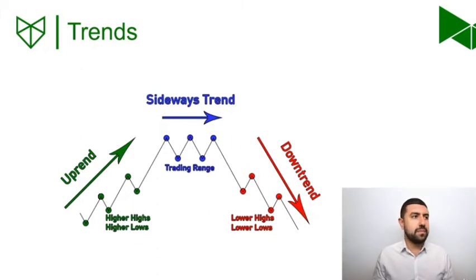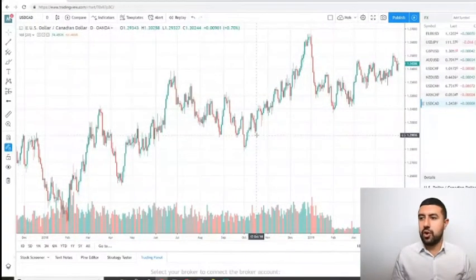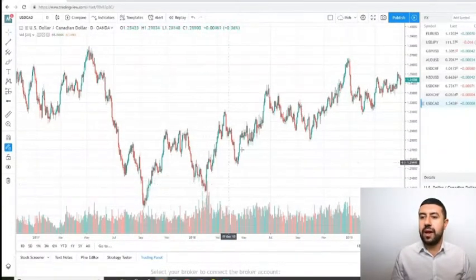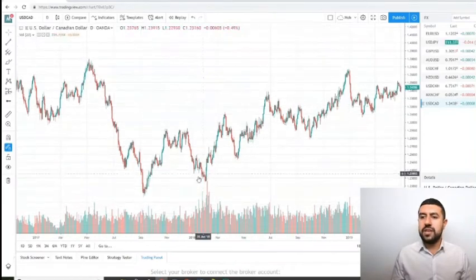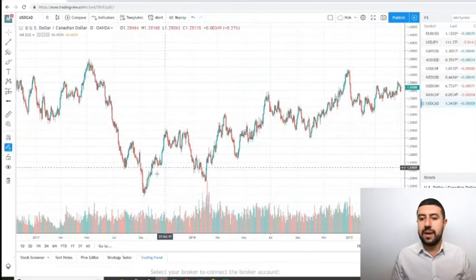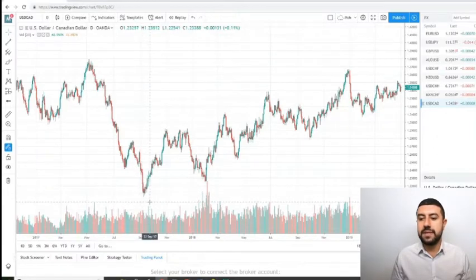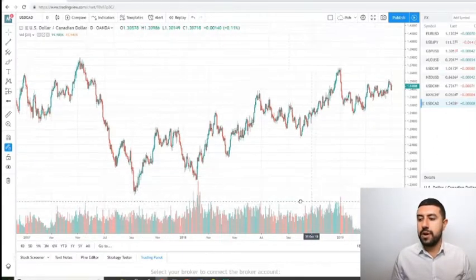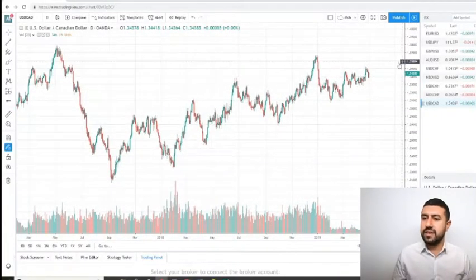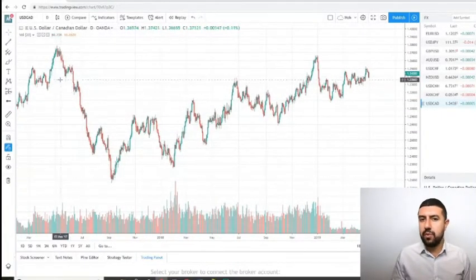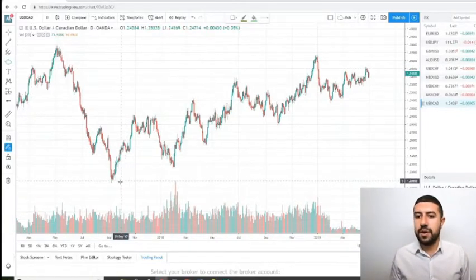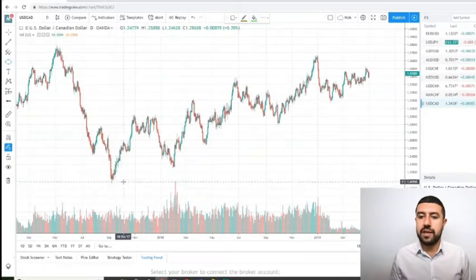You might have realized or seen earlier that on my USD CAD, I had some lines here. You can see that there's some type of trend since September 2018. Now we're in May 2019, and there's this type of trend here. Let's just look at the lows.